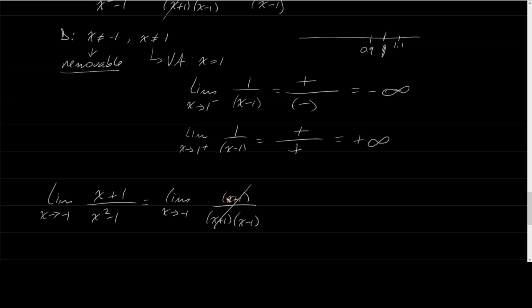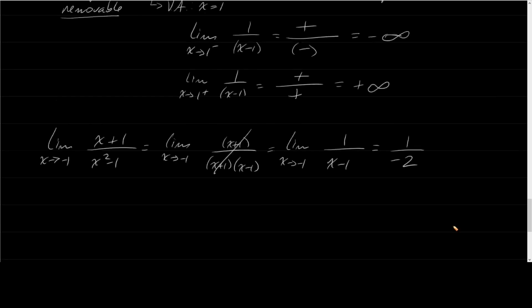That's how we know this was a removable discontinuity. Now, approaching -1, we have 1 over x minus 1. There's nothing wrong with plugging in -1 now. -1 minus 1 is -2, so I end up with 1 over -2.